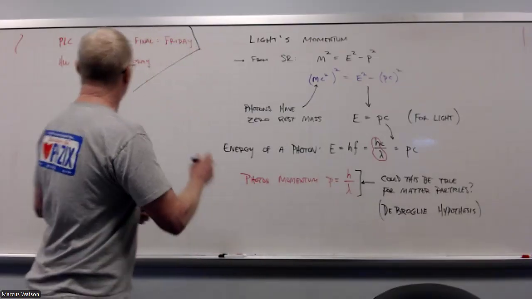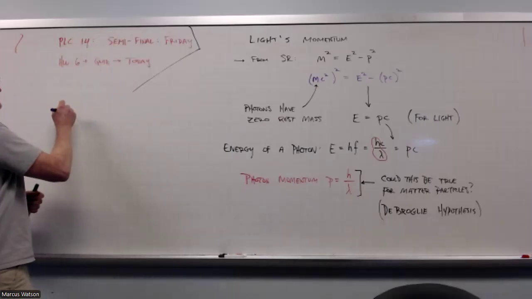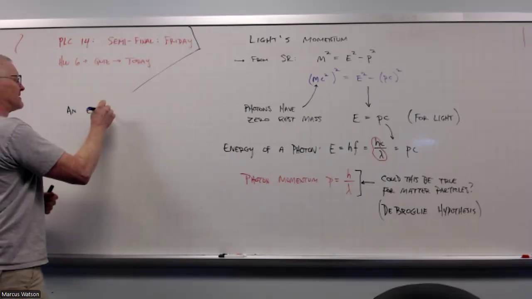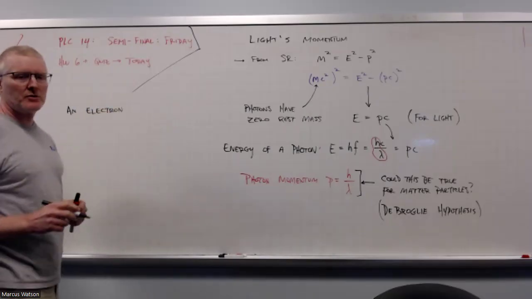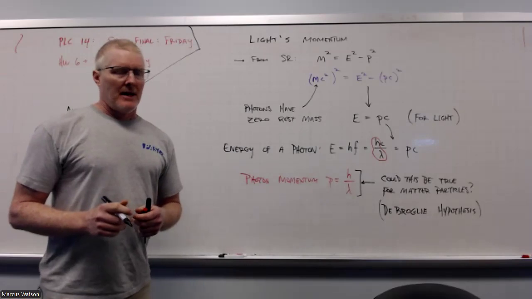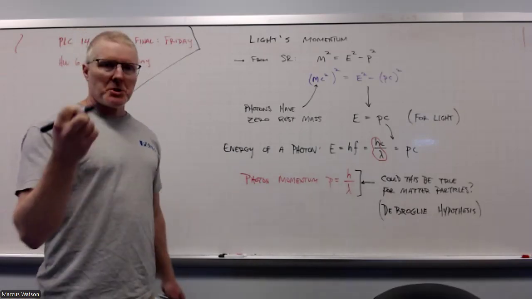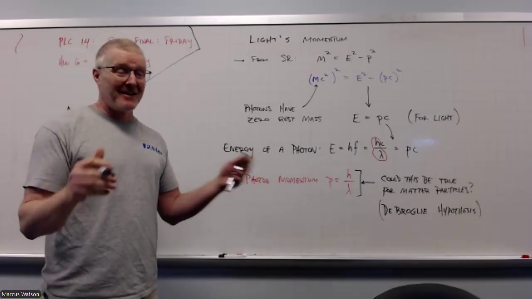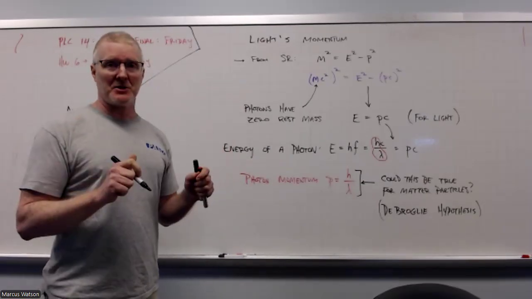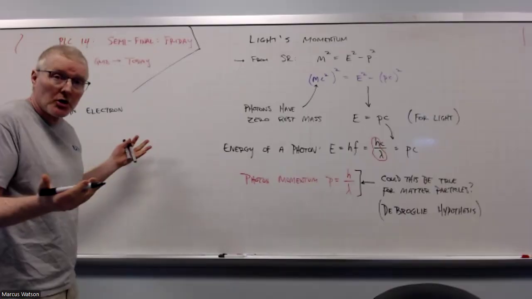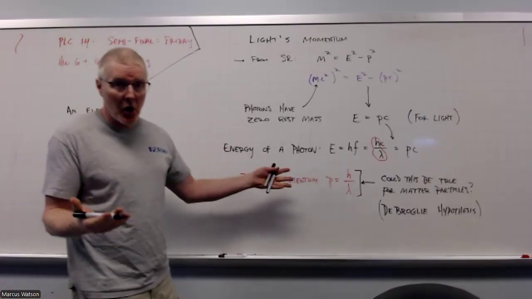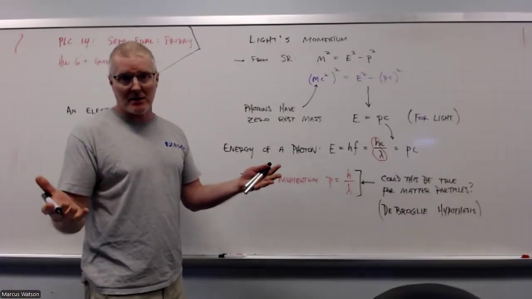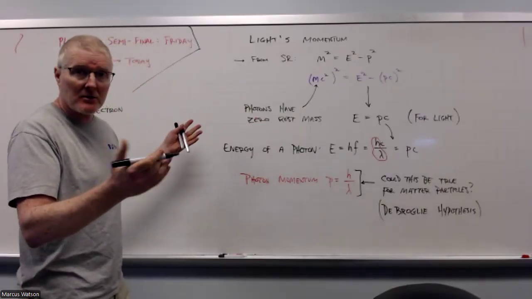So if you take an electron, let's consider an electron, and we're going to ask, okay, what if I have an electron traveling at 1 meter per second? Can I calculate a wavelength for this electron at 1 meter per second? Sure, because it's slow, it's a material particle, that's classical, so we know how to calculate classical momenta.